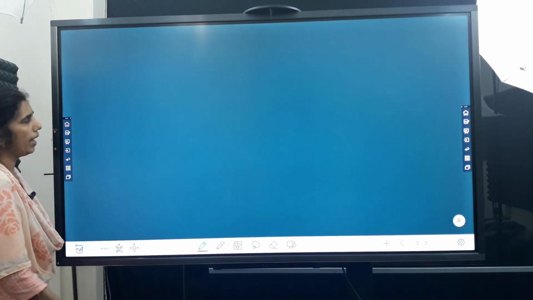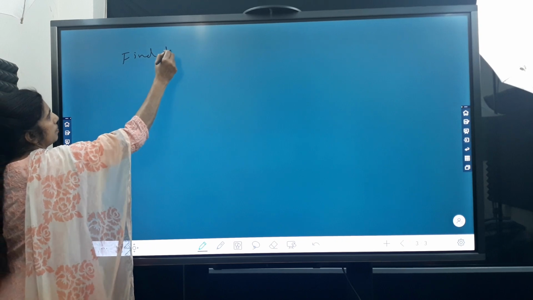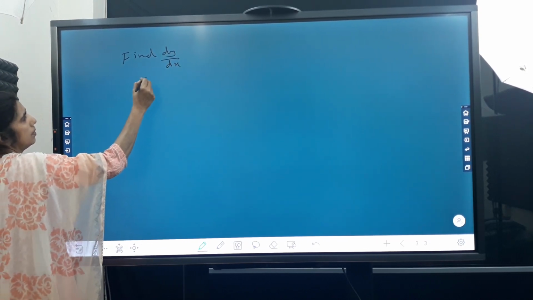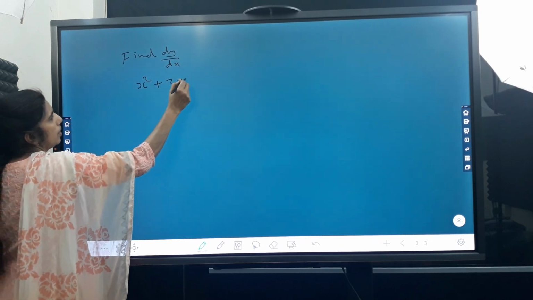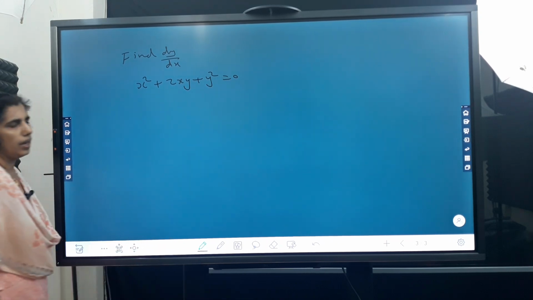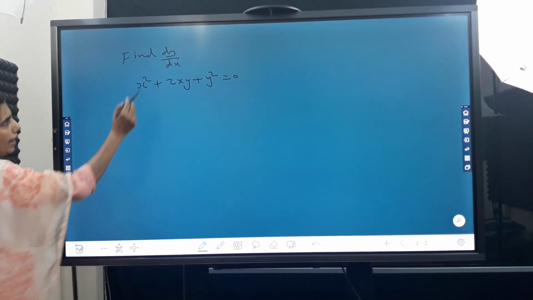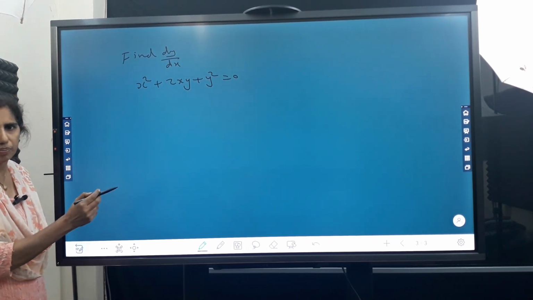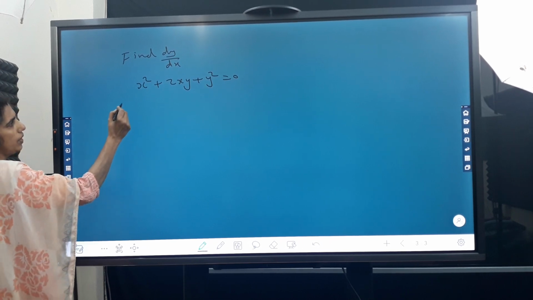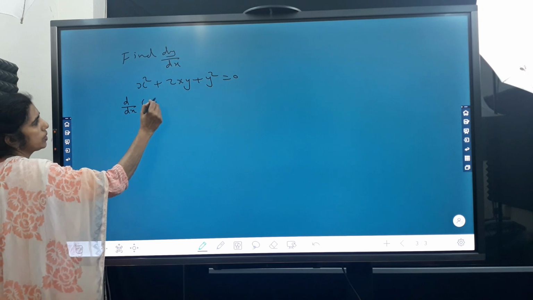Let us take one example. x square plus 2xy plus y square equal to 0. So this is an implicit function and our question is find dy by dx. So we differentiate both sides of the equation. So we take d by dx on both sides.